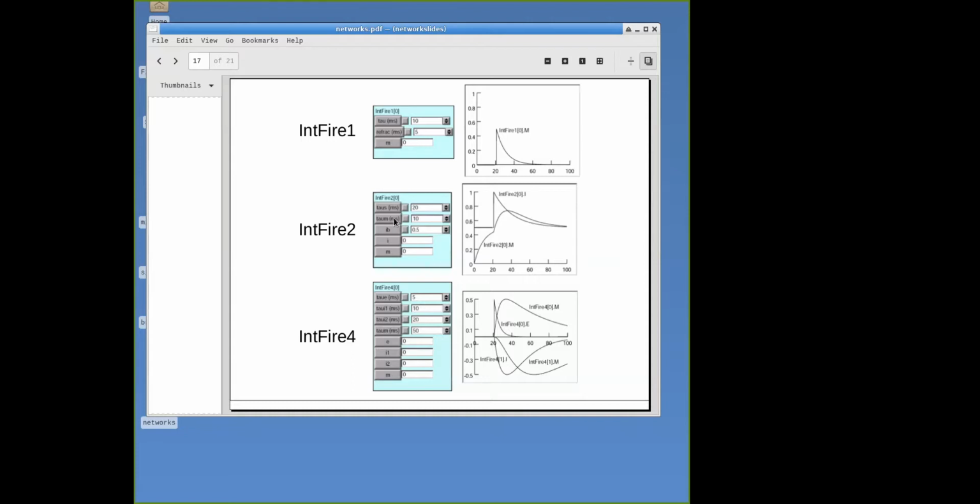The idea here is that every time there is an input event, it perturbs the synaptic current. And the synaptic current can start from a non-zero value. In this case, it's starting with a value of 0.5.